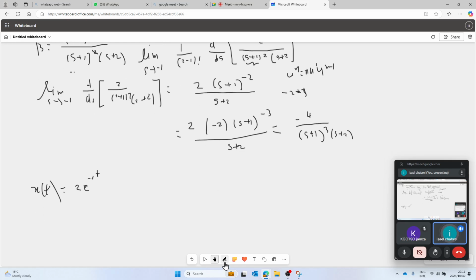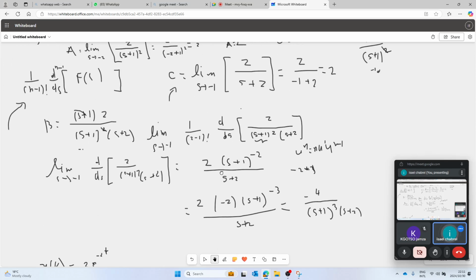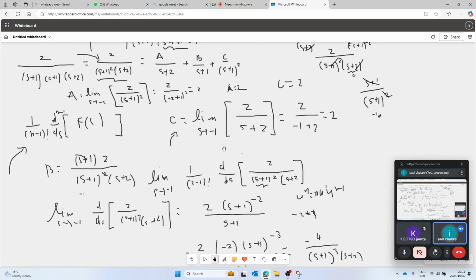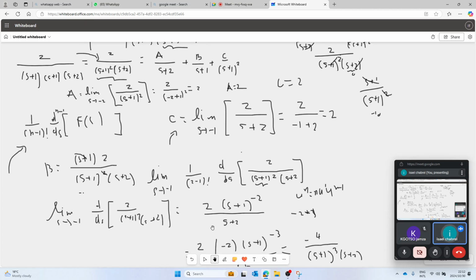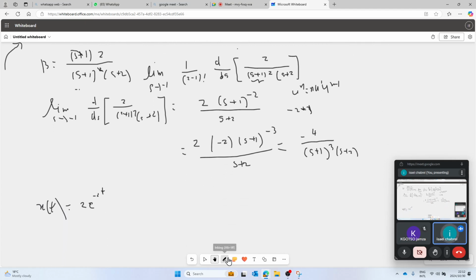If we have to solve according to the formula, what do we get? Look, Mr. Kotso, we are doing for c, right? For c, we know that c is 2. So what we have here is 2 over s plus 1 squared. What is the inverse Laplace of this?